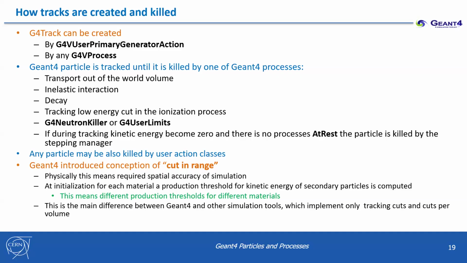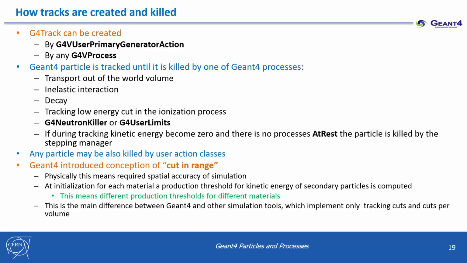Again, the particle decays and new particles are produced as a result of decay. If we apply the so-called tracking low energy cut, we may decide to kill the given track if energy is too low. For neutrons, we may apply the so-called neutron killer.